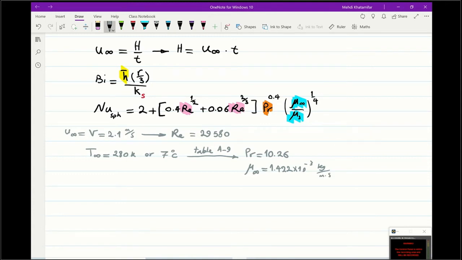Okay, for the mu s, I need to find it at surface temperature. So which surface temperature? The average surface temperature. So average of 360 and 320, which is going to be 340, or 67 degrees. Again, from the same table, 67.